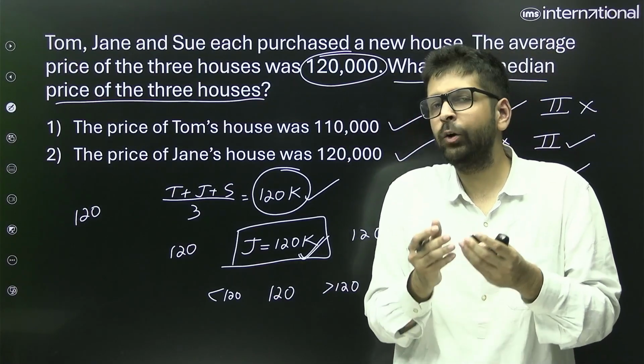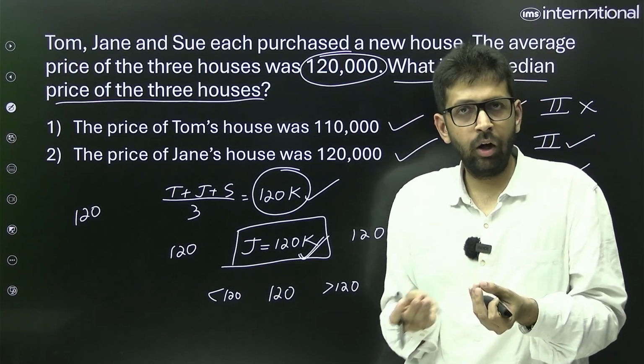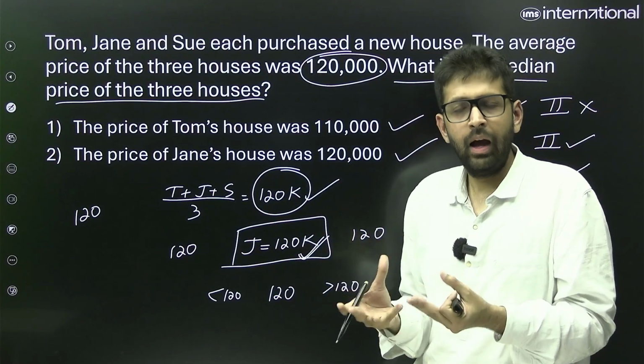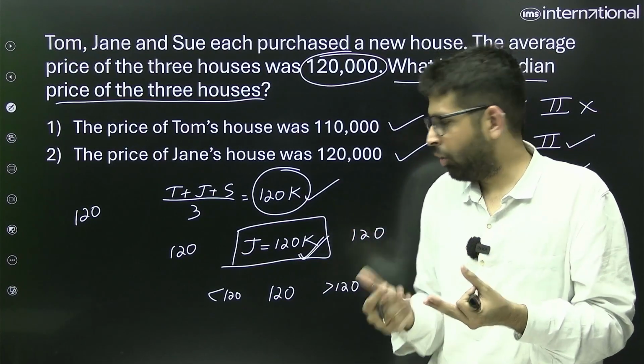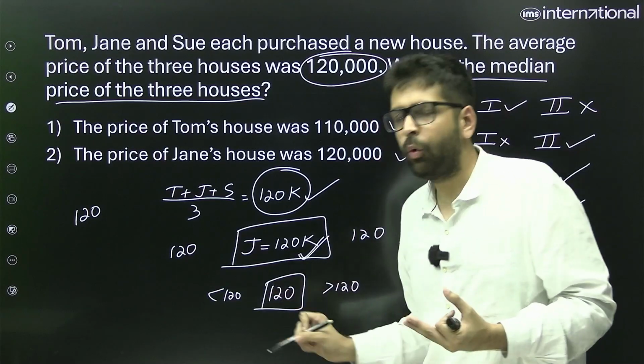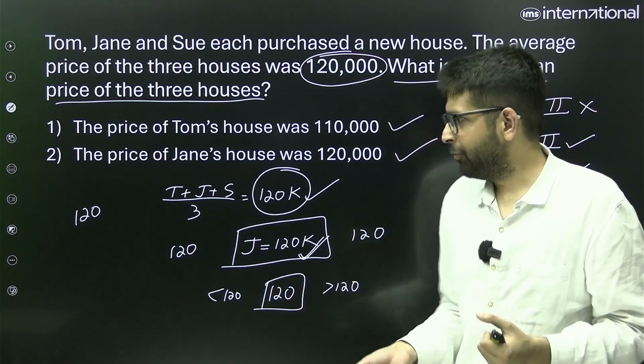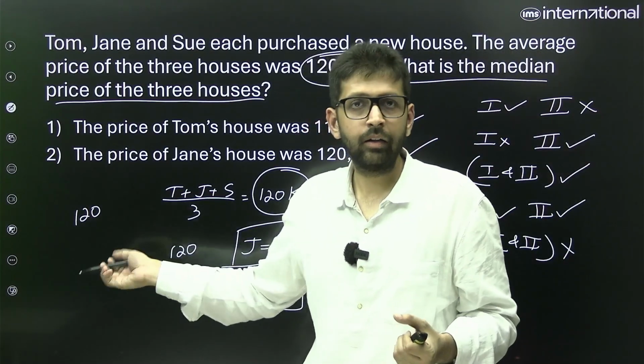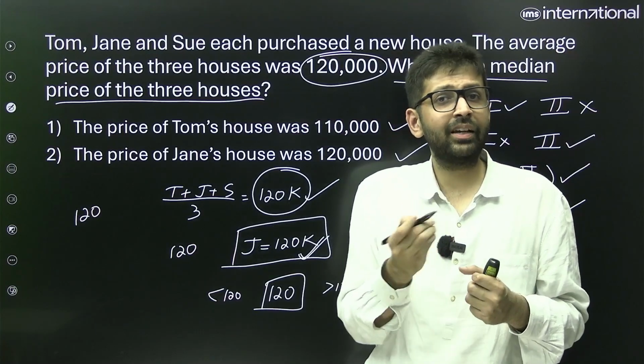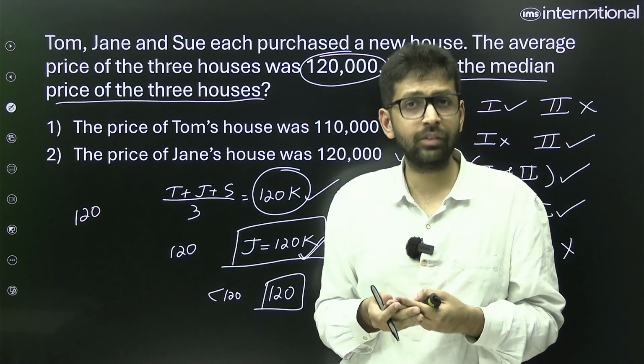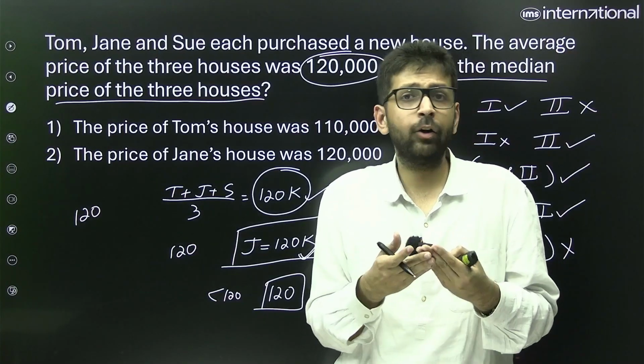Now, to be honest, I don't care what those values are, because whatever those values are, after I arrange them in ascending order, 120 is always going to come in the middle, and therefore that's going to be my median. So if I look at just the second statement, I am able to get to the answer, and there was no requirement of statement 1.